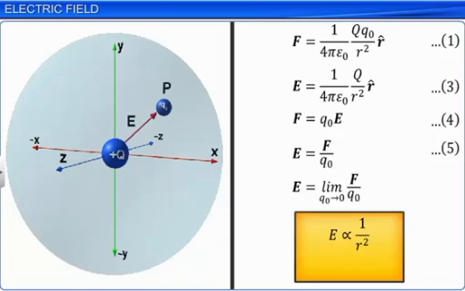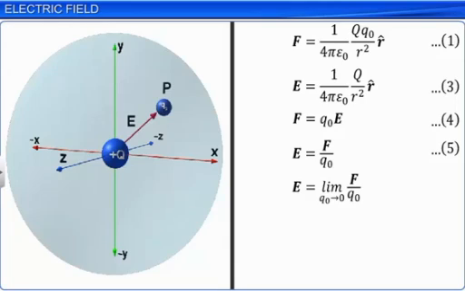It varies with r cap and is inversely proportional to r square. The electric field at any point in the electric field is finite and is 0 only when distance r is equal to infinity. In the electric field of a positively charged particle, the electric field strength vector E at any point in the field always points away from the charged particle in a radially outward direction.